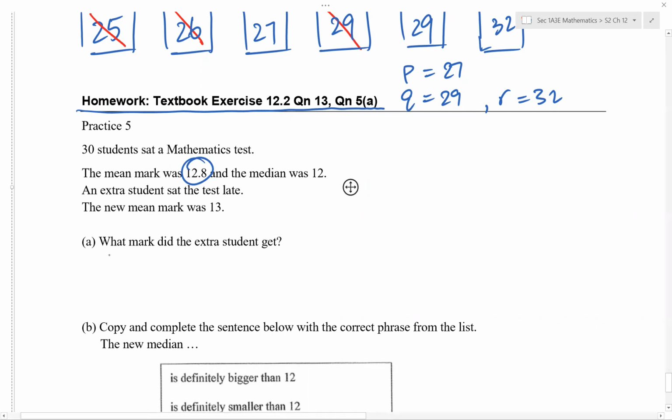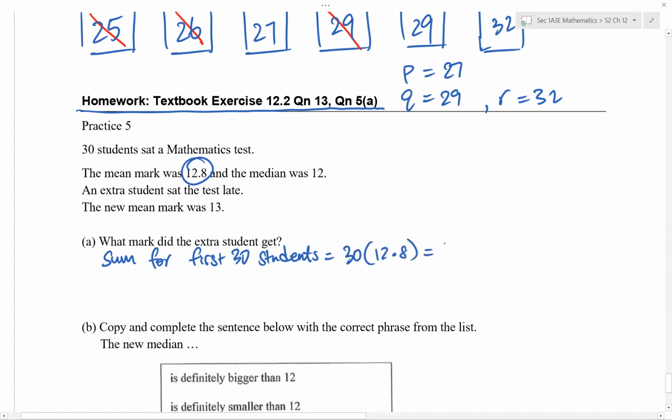So let's find out the sum for the first 30 students. So that was 30 times 12.8 to give us 384. This is the total marks for the first 30 students who sat the test. So now the sum for 31 students will be 31 multiplied by the new mean. So he brought the mean up. 31 times 13, we get 403.